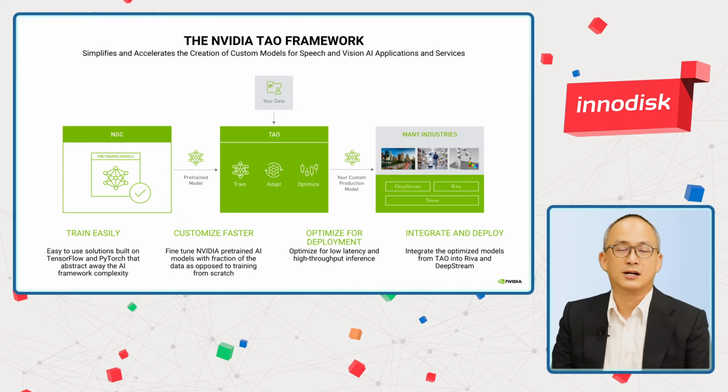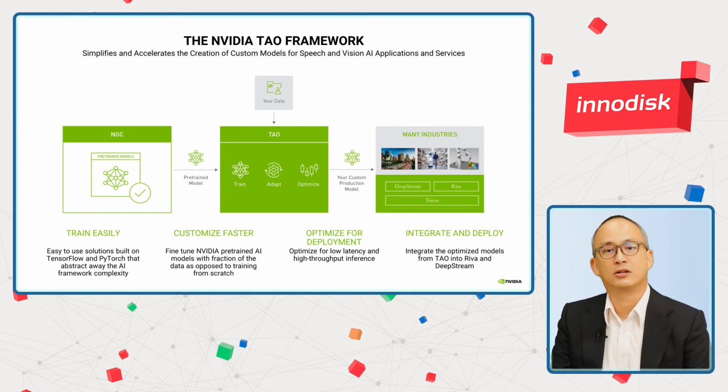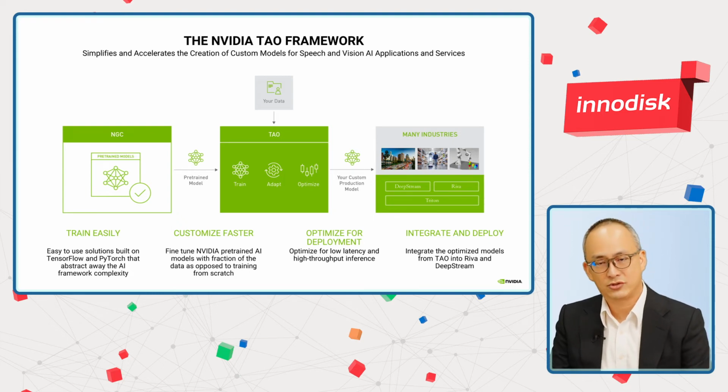You can download containerized, pre-trained AI models from NGC, either to use directly or to add some of your own data to customize. And then you can optimize it for optimal performance using TensorRT. After you obtain an optimized model, then it comes to deployment. You can do deployment at the cloud or at the edge.